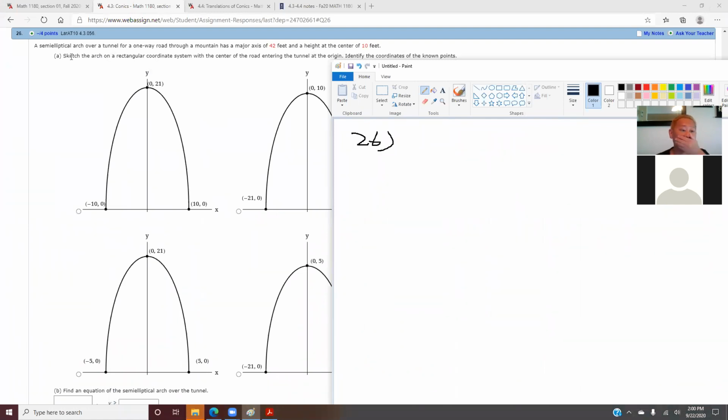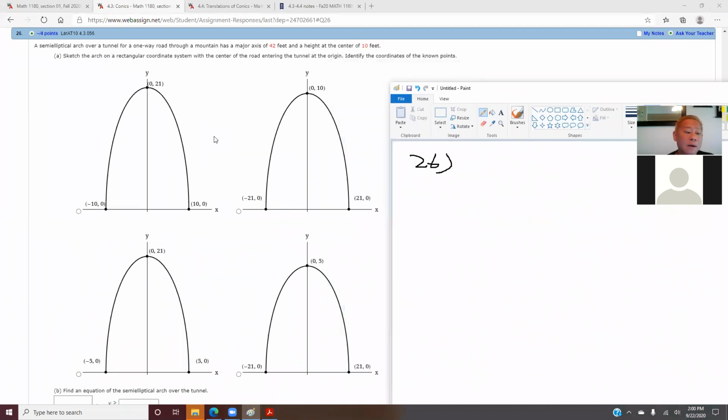All right. So this is a semi-elliptical arc. What a semi-elliptical arc means is half of your ellipse. It's a tunnel, like when you drive through a tunnel, this is what it looks like. It has a major axis of 42, and the height of the center is 10.